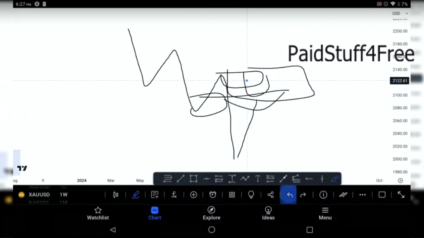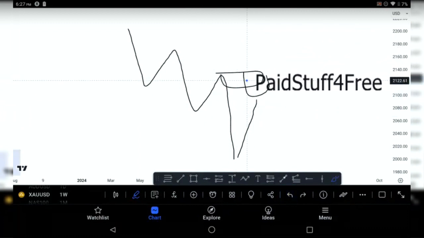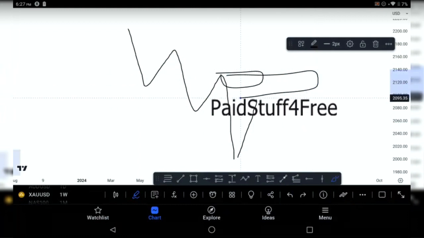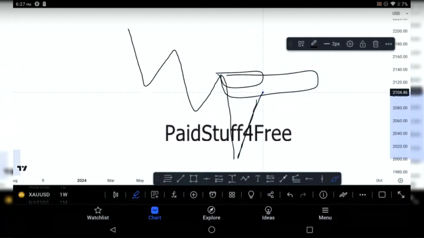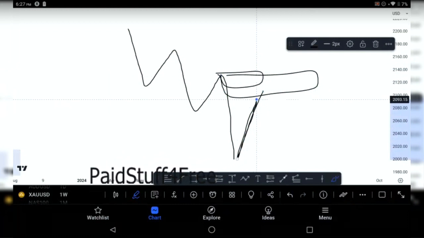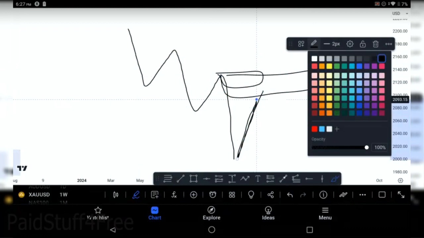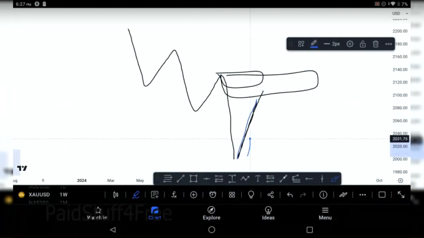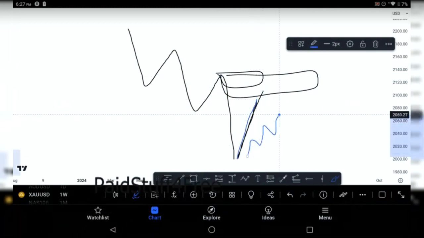That's where you want to continue selling from. Now, this is how it's going to pull back on a weekly time frame, but this is how it's going to pull back on a daily time frame. It's going to pull back sequentially.